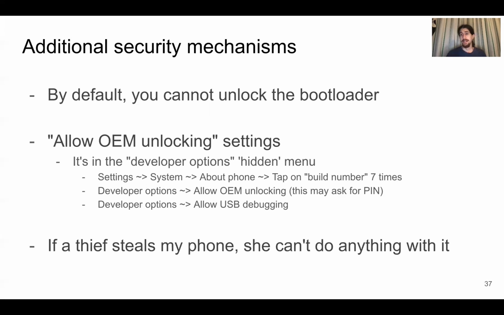So this means that if somebody steals my phone, they still cannot do much, because by default, of course, they don't have USB debugging, and I don't have OEM unlocking. And this means that, if you steal my phone, good for you, but my data at least is not at risk. You cannot use this unlock procedure to bypass security and read all my data.